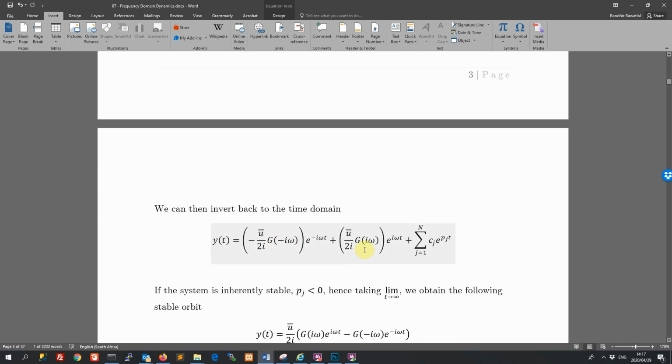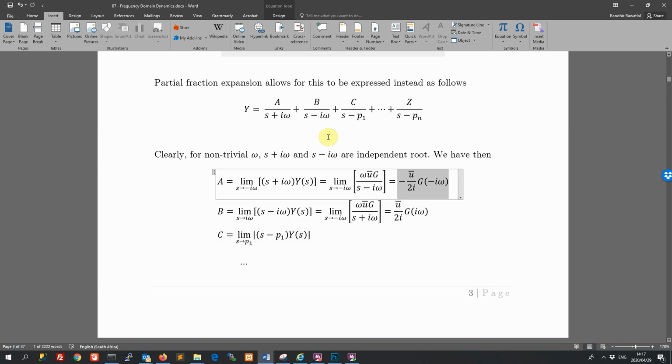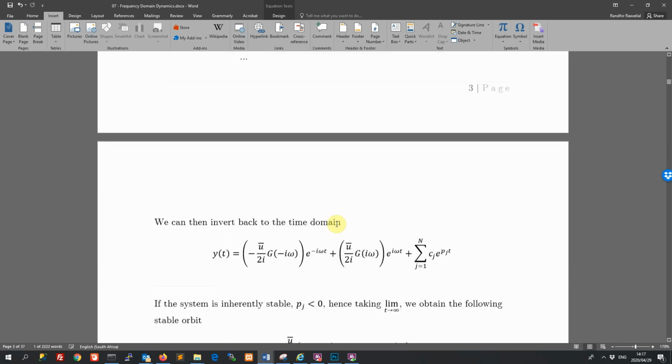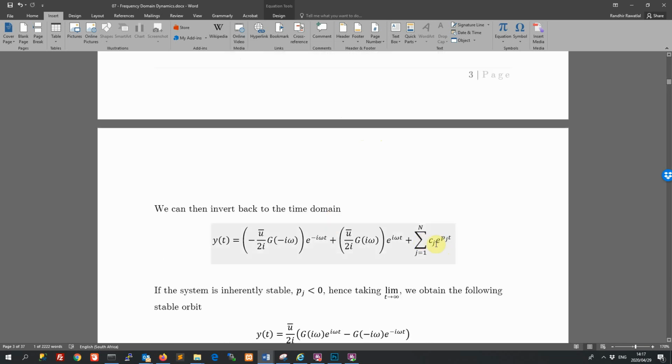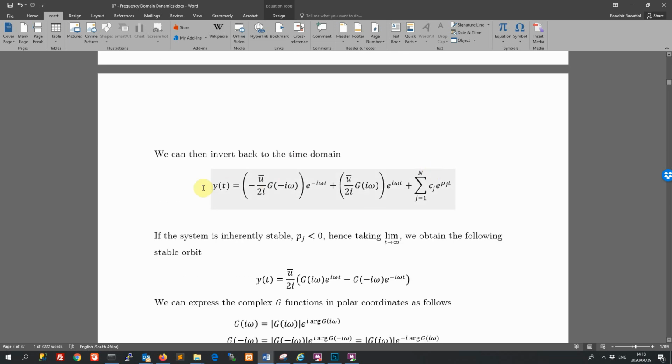Similarly for the second term. And for the subsequent terms, these are all s minus p, and so this is going to be e to the p t, and there'll be this constant in front of it, which we get in this way. So that's going to be our response.